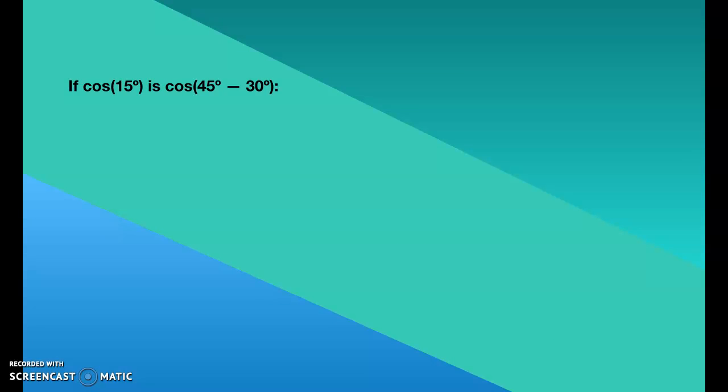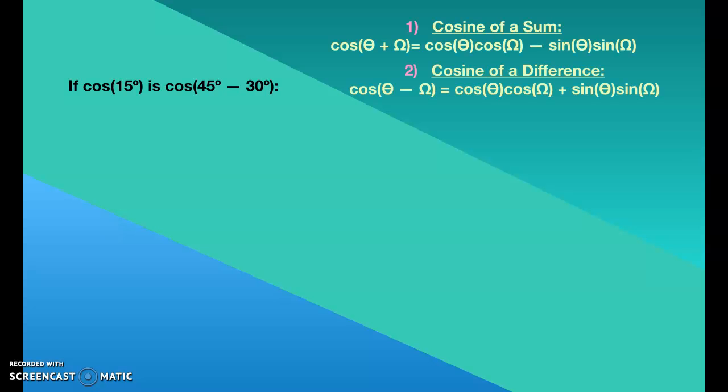All right, so if cosine of 15 degrees is the same as cosine of 45 minus 30, we have a set of formulas from the book. These are the cosine sum and difference formulas. So you can see that in number 1, it's theta and omega added, and in equation number 2, it's theta minus omega. And you just write down these formulas in your notes and use these.